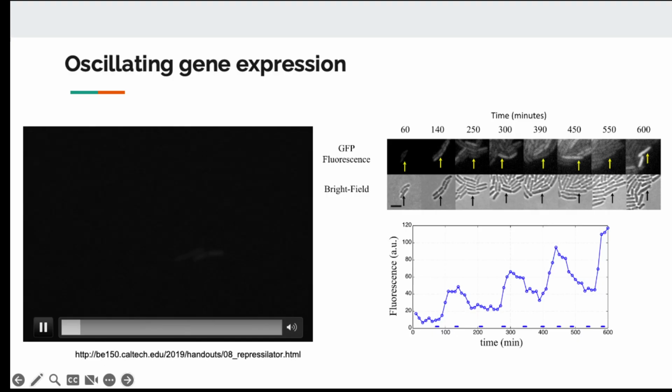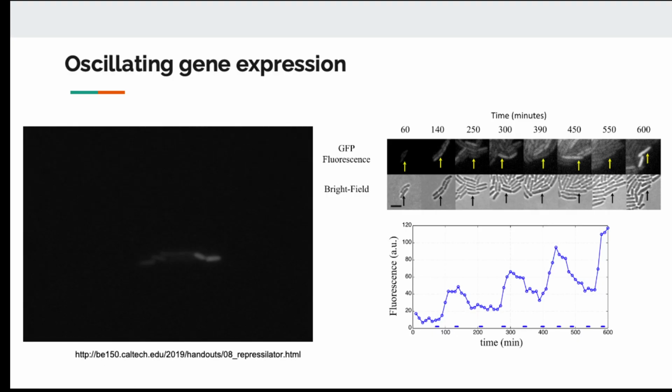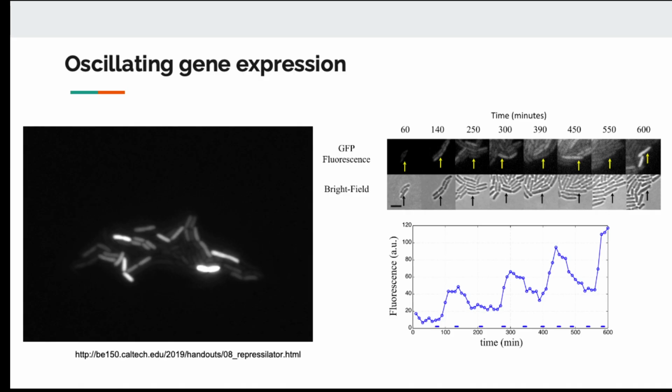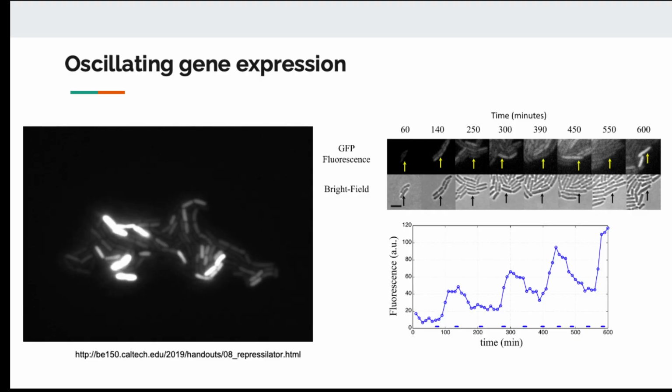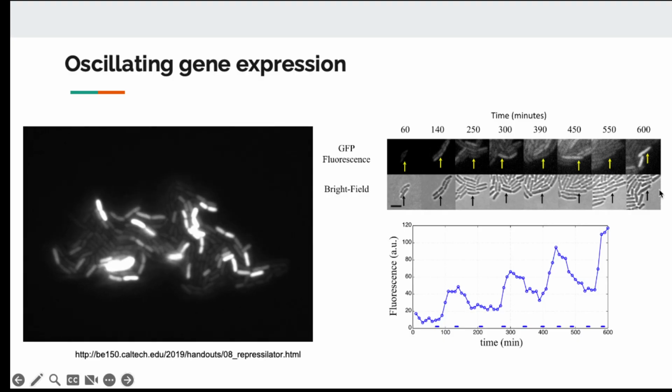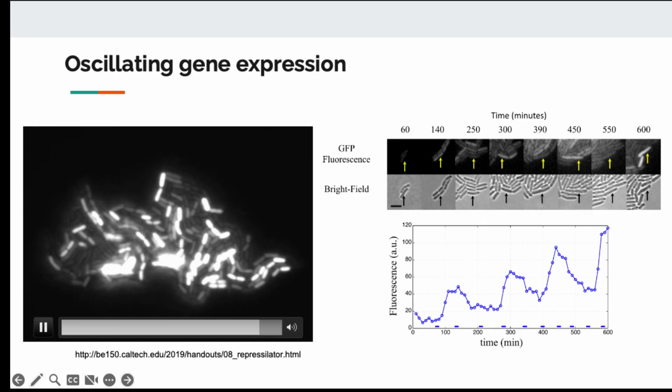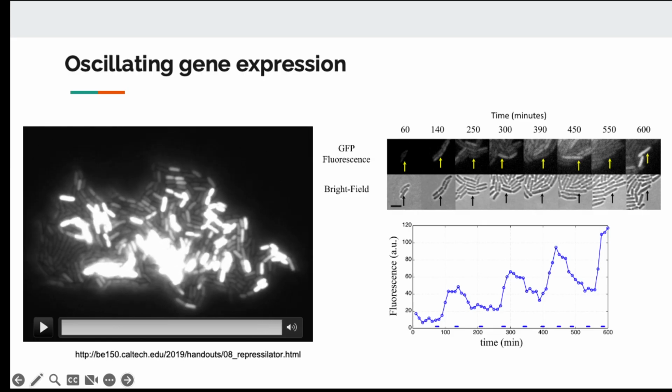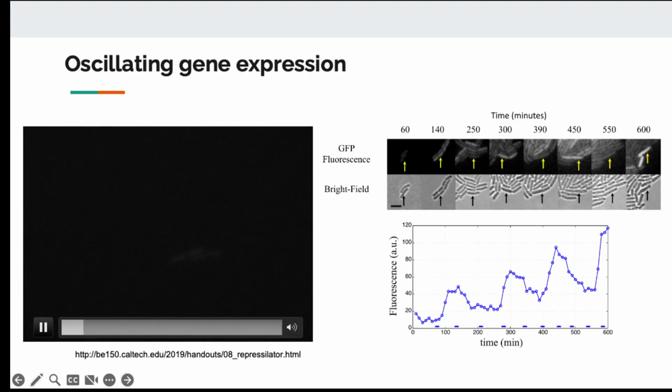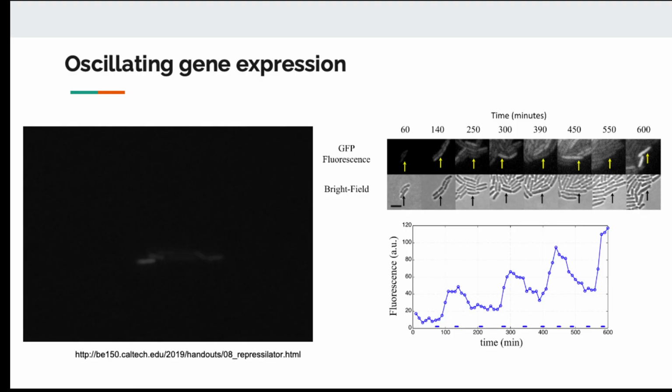Okay, now I can. So basically, with this oscillator design, like we saw earlier, if one gene is high, the next gene will be low, but the third gene will be high, and then it will make the first gene low again. So in this experiment, they show that if you let this system run and monitor the expression level of one of the genes, it's going to oscillate between low and high forever.